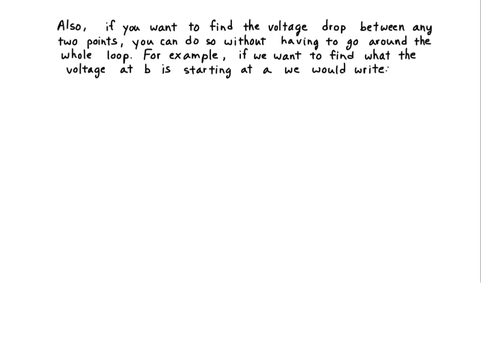Now, we didn't talk about this in class, but we don't necessarily need to go through a loop to find a voltage drop between any 2 points. So we can choose any 2 points and find the voltage drop between those 2 points. So for example, if we go to the circuit we just saw in the previous slide and ask ourselves what would be the voltage between A and B, we could write something like this.